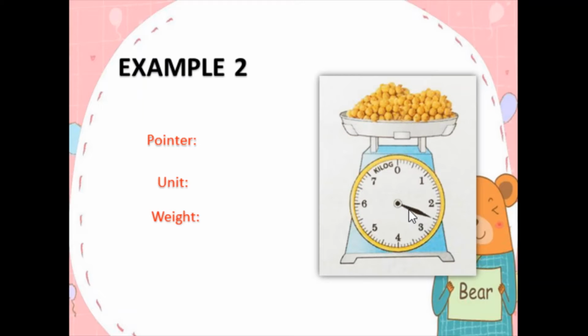Let's try to look at the arrow and it points somewhere over here. The pointer points between 2 and 3. Can you see it? Again, it is pointing between 2 and 3. And it's in the 1, 2, 3, 4, 5. It's in the 5th division.